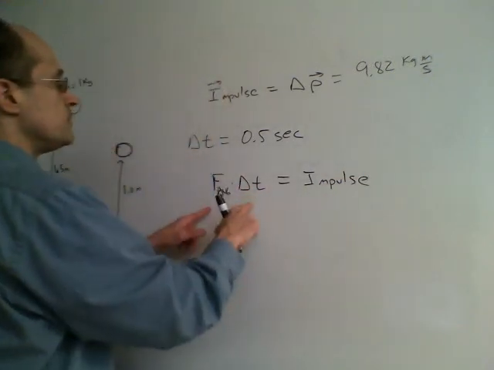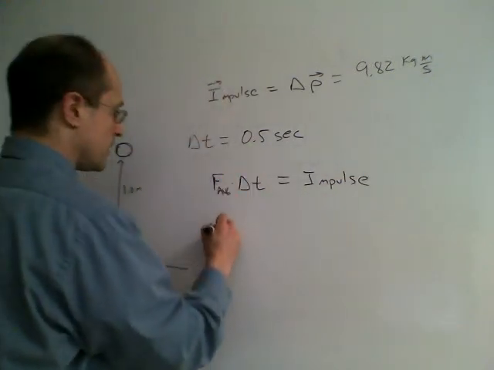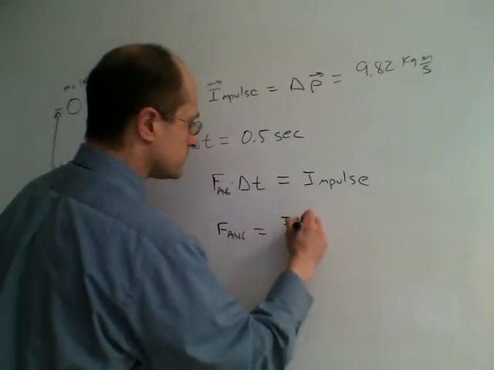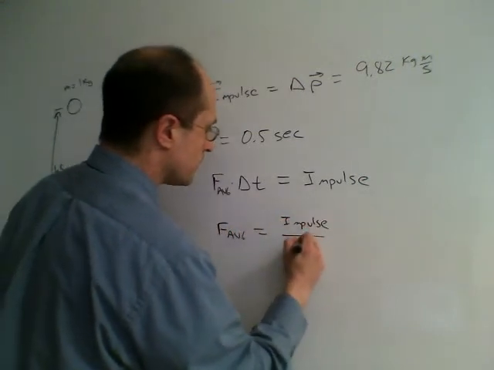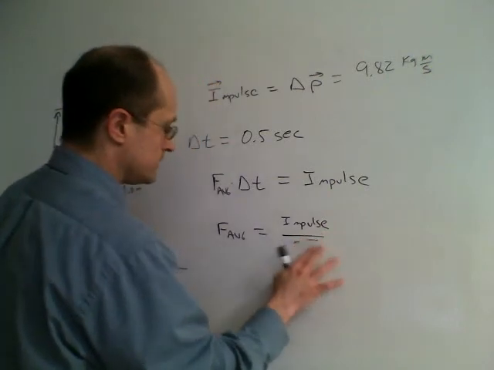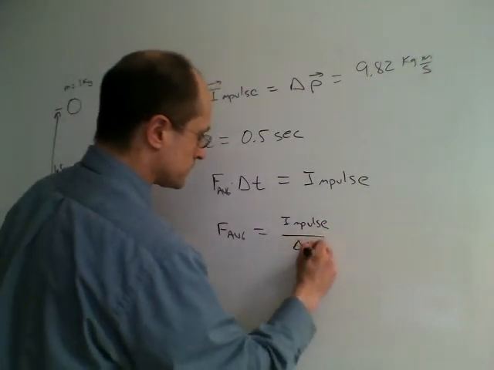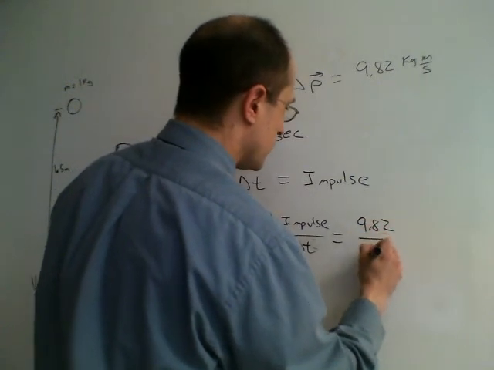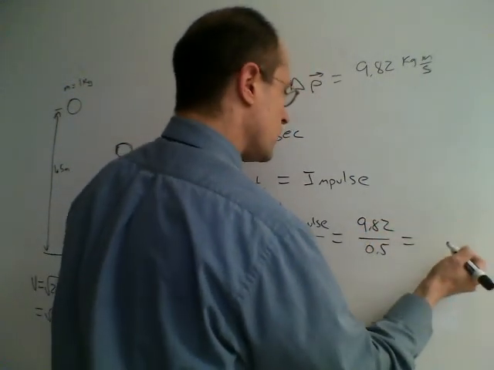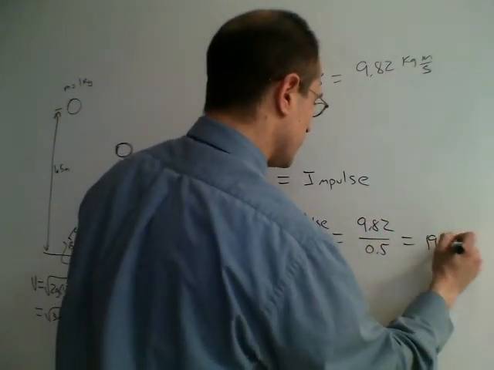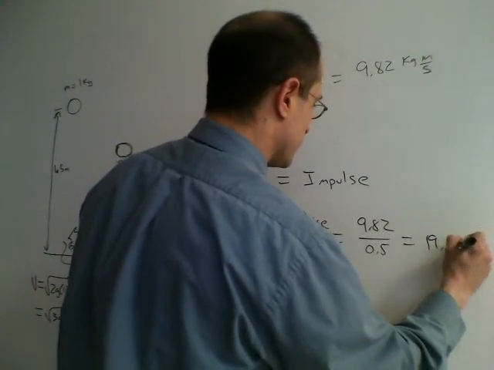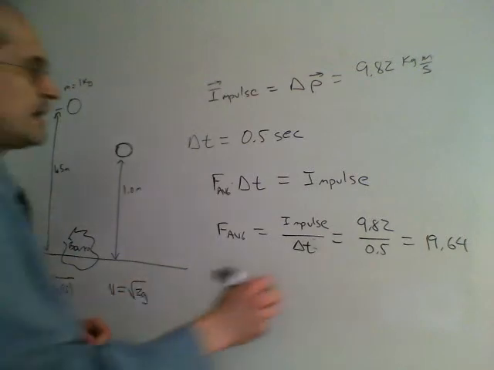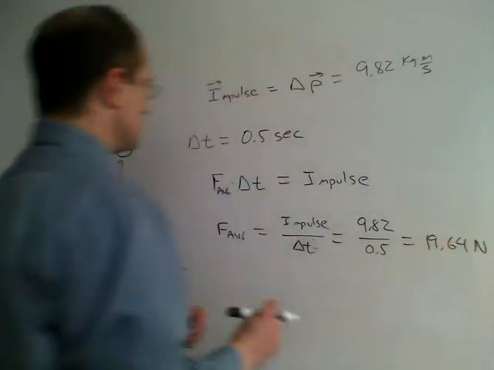So we can take our F average as our impulse over 0.5, our delta t. So in this case, it's 9.82 over 0.5, which is 19.64. And so the average force is 19.64 newtons.